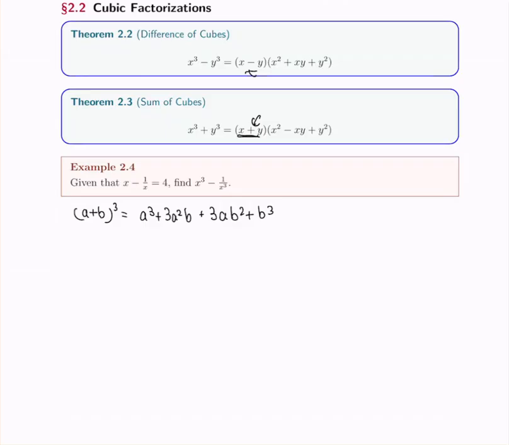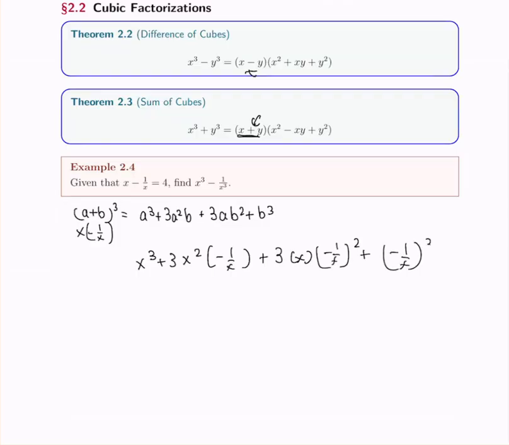So if we let a equal x and b equal negative 1 over x, then we can just plug this in. We know that a cubed is x cubed, plus 3 times a squared, which is x squared, times b, which is negative 1 over x, plus 3 times a, which is once again x, times b squared, which is 1 over x squared, plus negative 1 over x cubed.